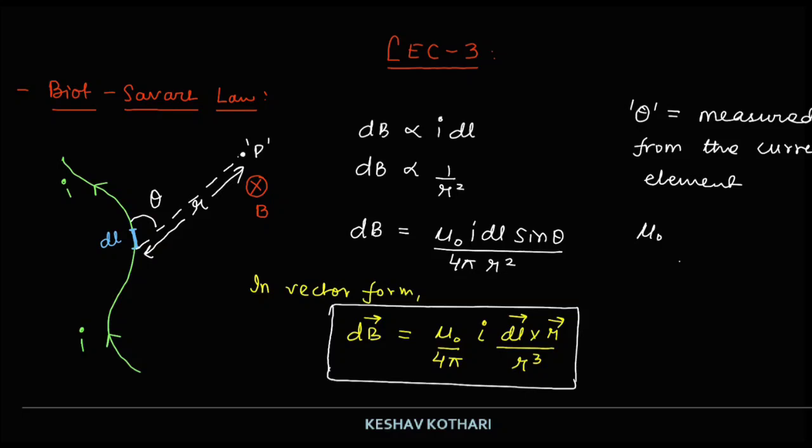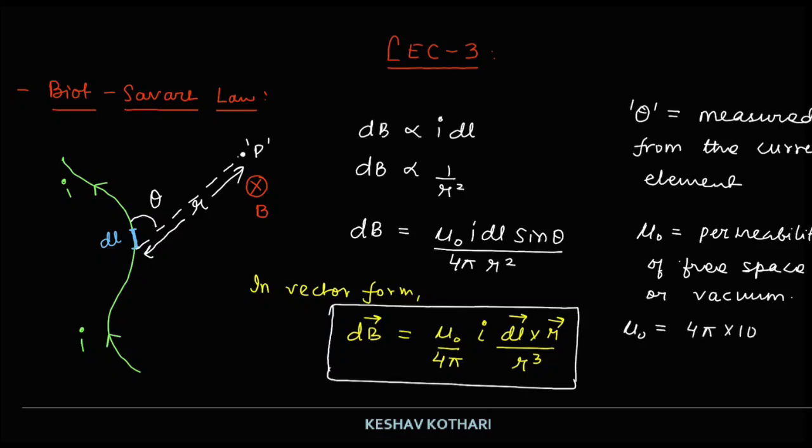So mu naught is a constant and is regarded as permeability of free space or vacuum, and the value of mu naught is equal to 4 pi into 10 to the power minus 7 Tesla meter ampere to the power minus 1.